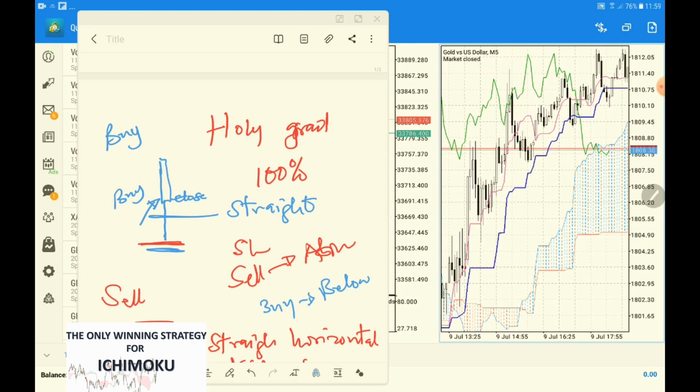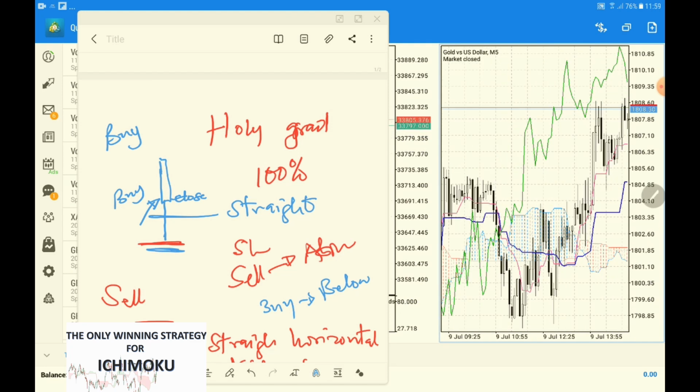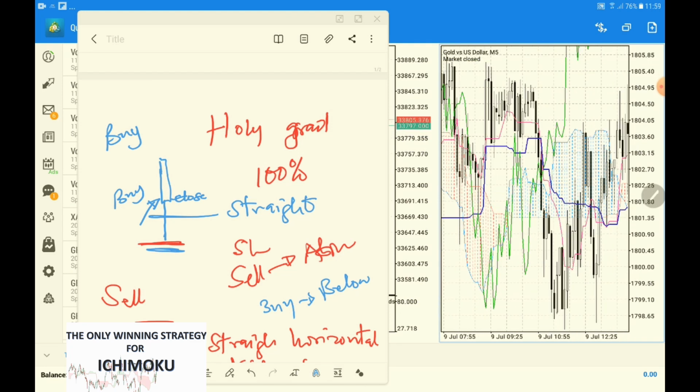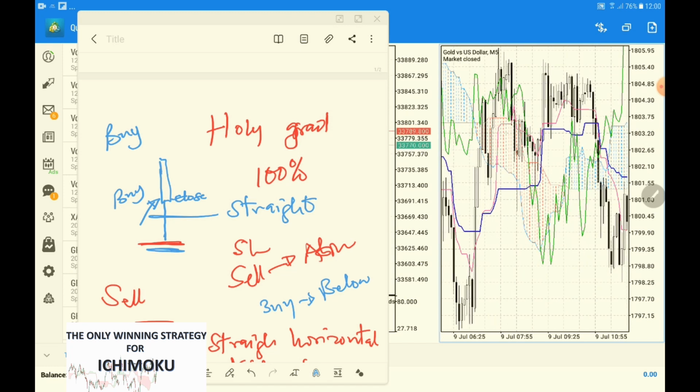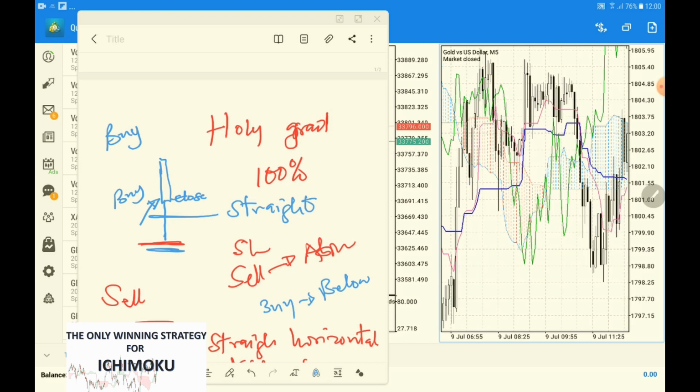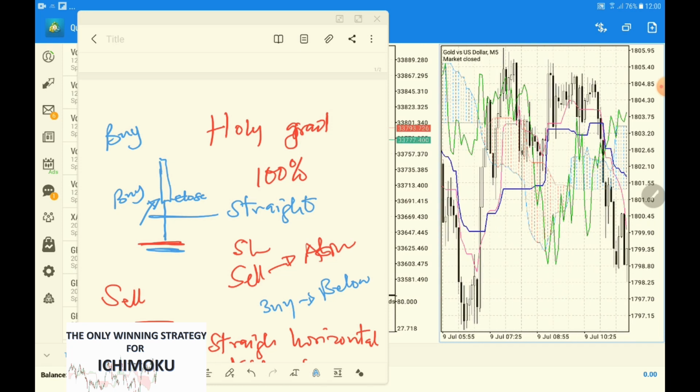So now let's take a look at other opportunities. Let's look at that beautiful buy here. Price broke it but closed above it, and that is a buy signal. So you can quickly buy and make profit. Look at one here. Price broke a straight horizontal Kijun-sen but closed below it.